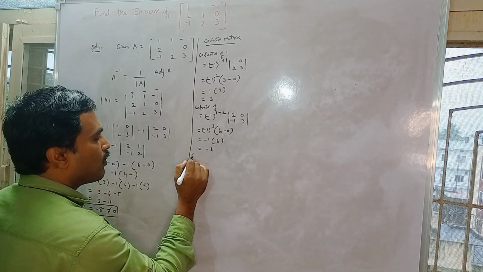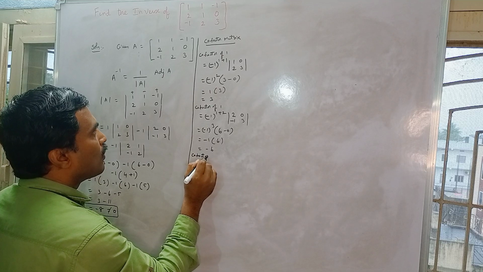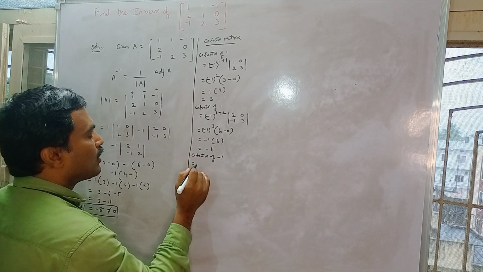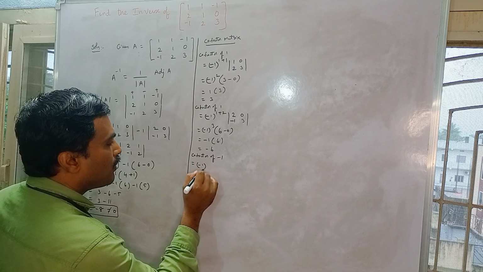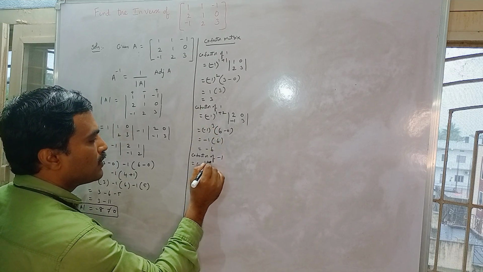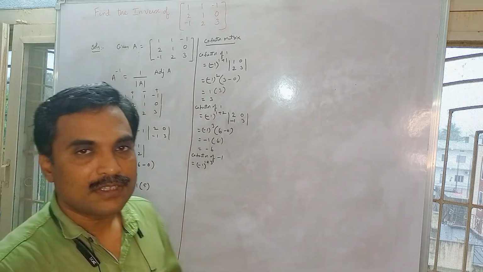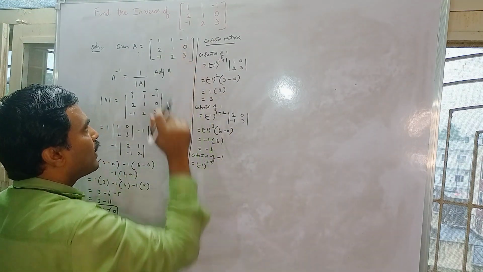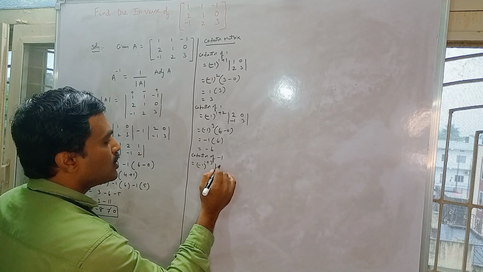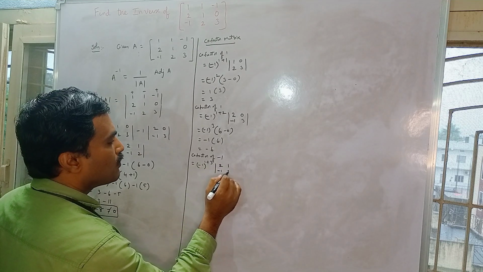Next we will write the cofactor of -1. So what is the cofactor of -1? That will be (-1) power 1 plus 3, because -1 is in the third column, that position. Now times the minor of this -1. So you get the determinant 2 1, -1 2.